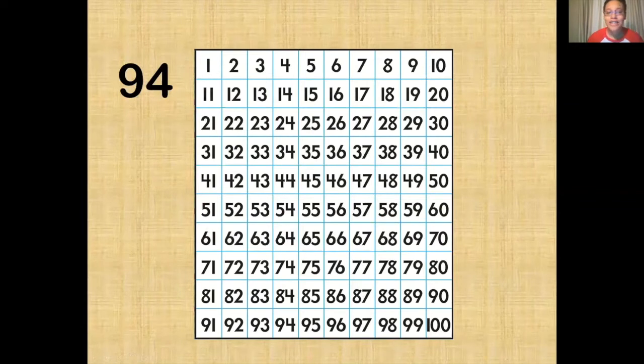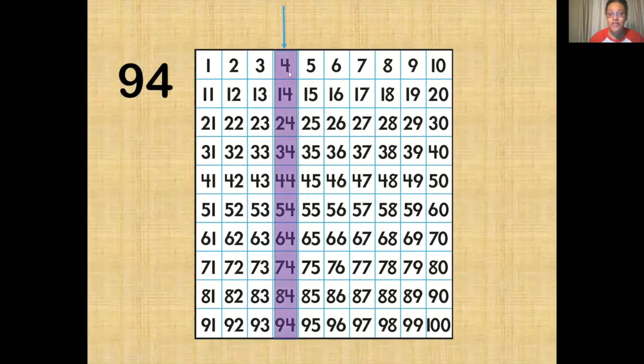Ooh, 94. How can you tell this number is 94 and not 49? Right, it begins with a 9. And the numbers that begin with a 9 start off our 90s numbers. So 94. What's the number at the end? Right, 4.